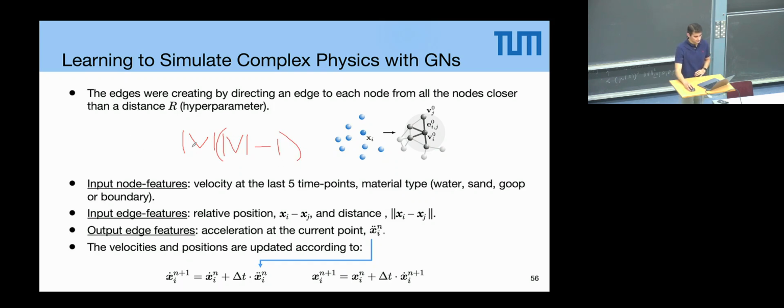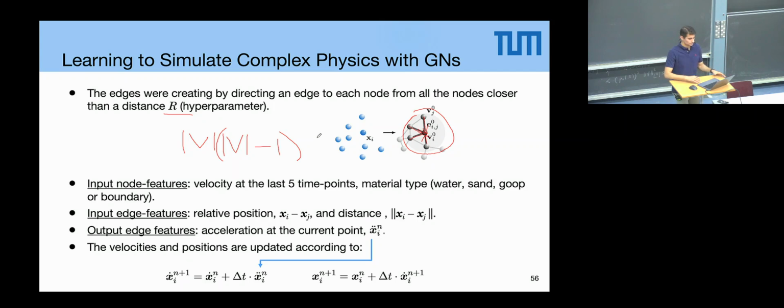And if you remember, message passing scales linearly with the number of edges. And with so many edges, it will take ages for the model to train and also will be quite slow at inference. So we use a local connectivity. For that, for each node, we create a sphere with a radius r. This value is a hyperparameter of the model that we will need to test. And we create edges going from each node inside this sphere to the central node.